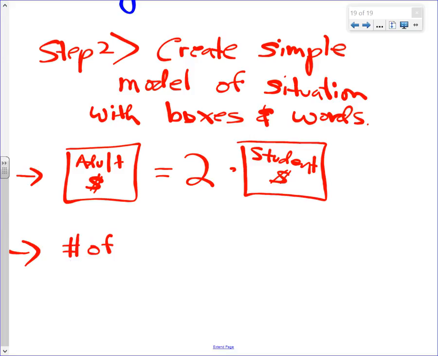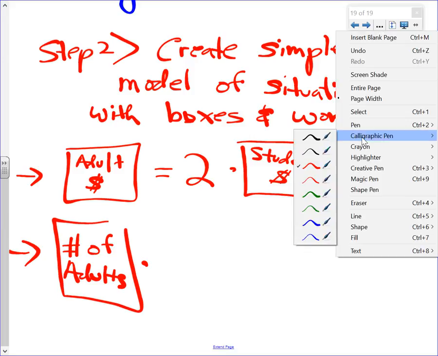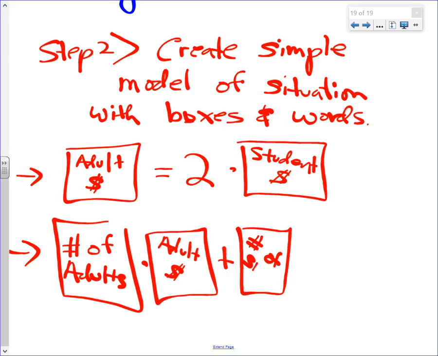Number of adults, box, times adult price, plus number of students times student price.